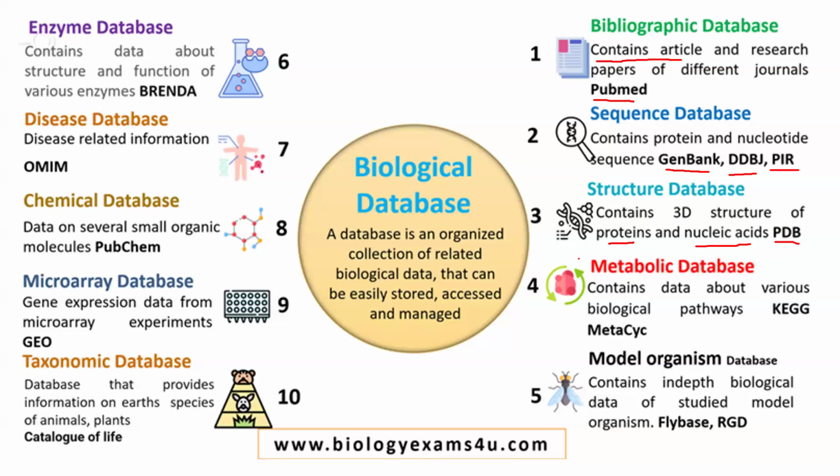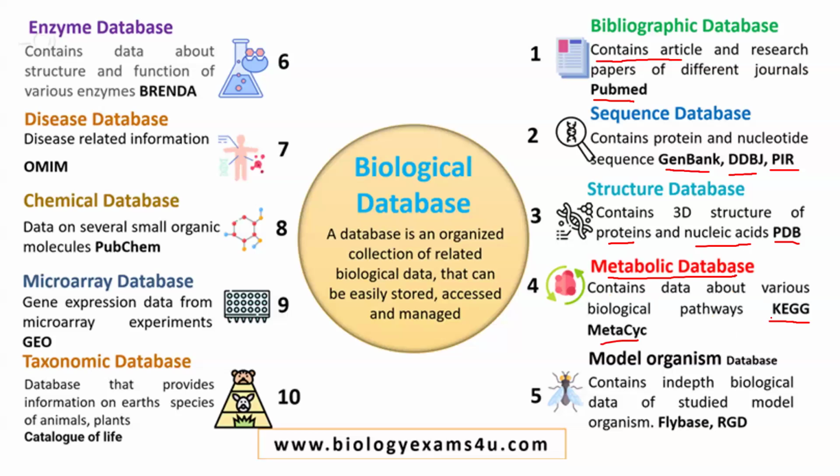And then another example of the biological database, we have metabolic database. Metabolic databases are examples of database that contain data about various biological pathways, like for example, KEGG, MetaCyc.